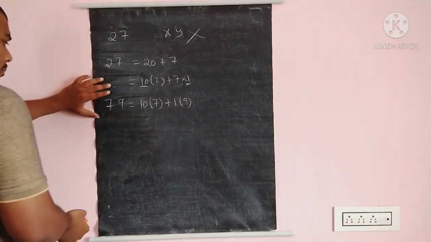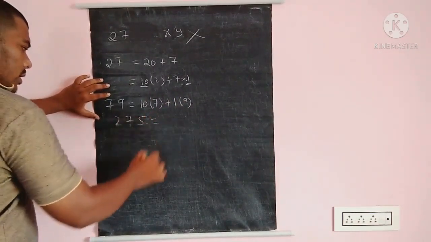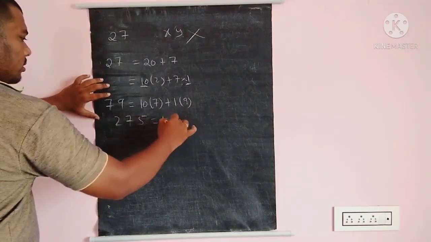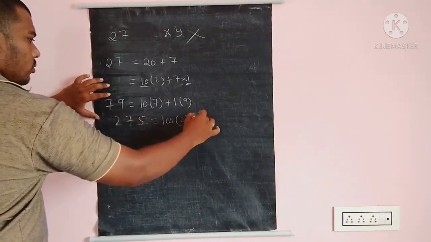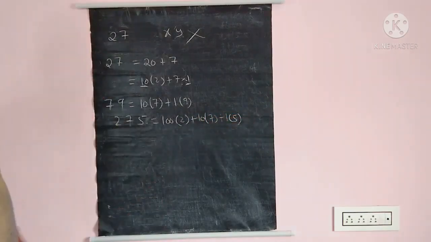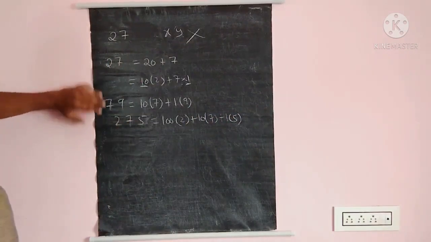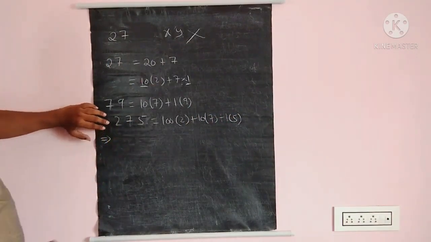Suppose it is a 3-digit number, say 275. Here 2 is in the hundreds place, so we can write 100 into 2, plus 10 into 7, plus 1 into 5. Like that, if you want to express a 2-digit number, we can express it based on the units digit and tens digit.